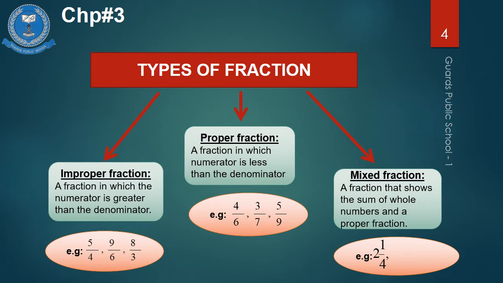So how we will read it? 2 whole 1 upon 4. You can see other example. 5 whole 3 upon 6. And in the last, 8 whole 2 upon 4.